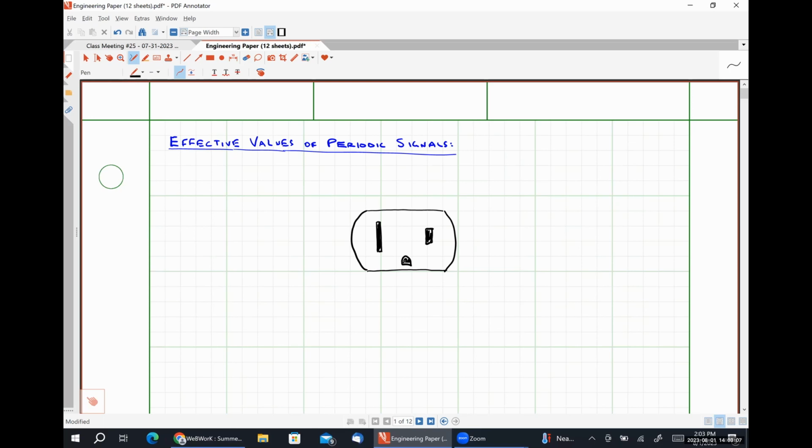And in this particular system, this large slot is for what's called the neutral wire. The smaller slot is for what's called the hot wire. And the semicircular slot is connected to your ground wire.